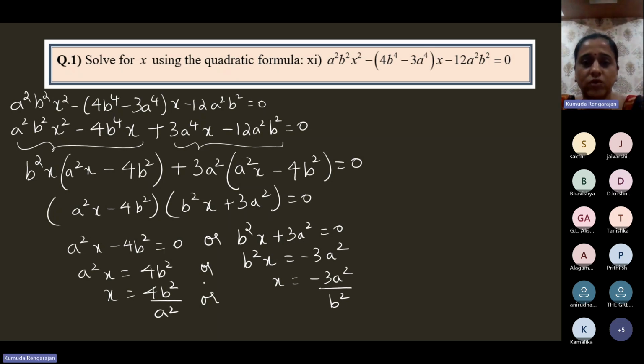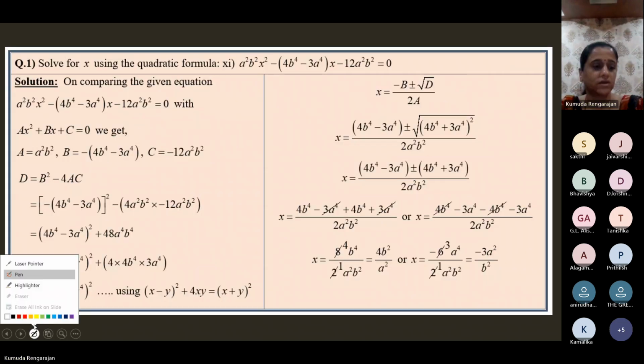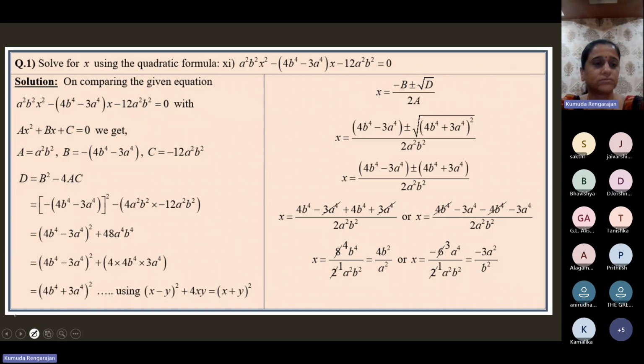Now using the quadratic formula. When you're using the quadratic formula, you should not open the bracket, because for the quadratic formula you need to show the quadratic equation in the standard form: x square term, x term, constant. So this is the x square term.